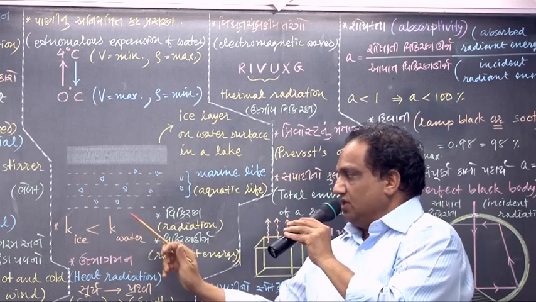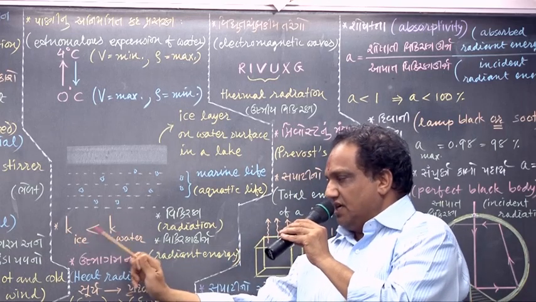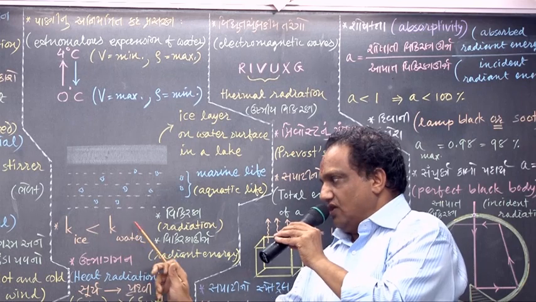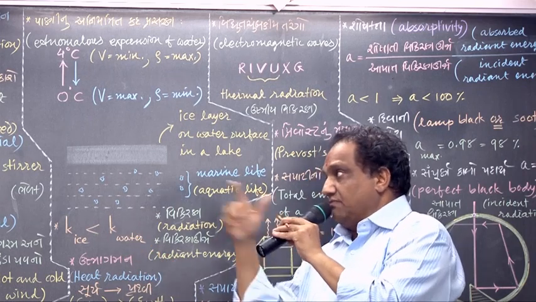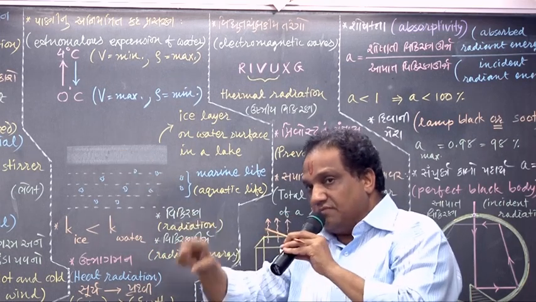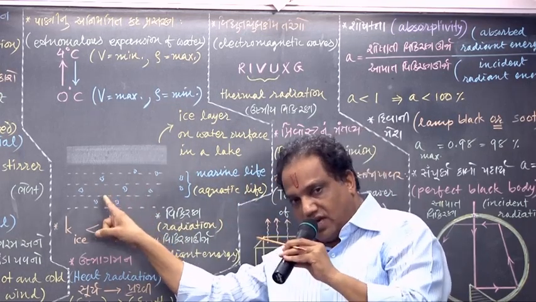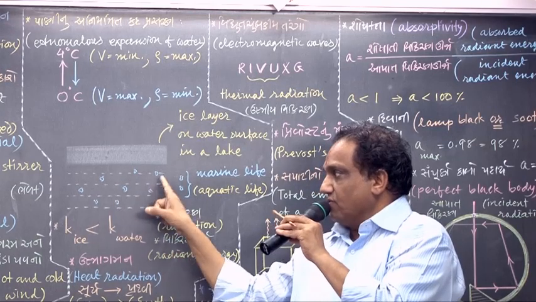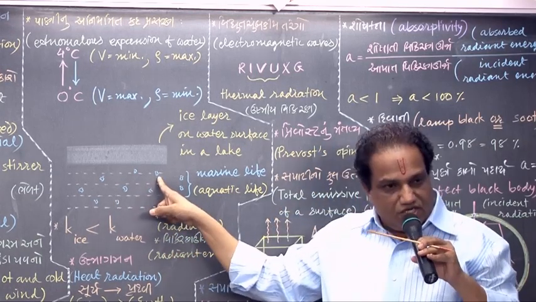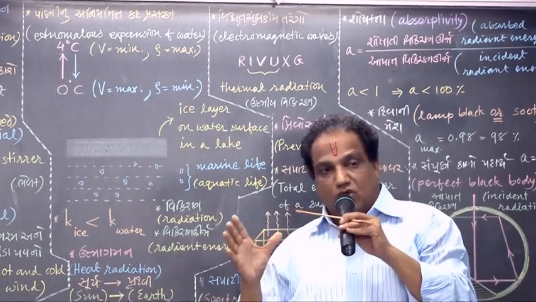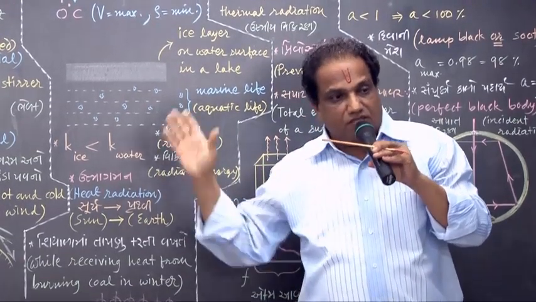And one more thing, thermal conductivity of ice is very small as compared to thermal conductivity of water. So after some thickness of ice layer has been formed, it is very difficult to lose the heat. So this water remains as water only. So these creatures can survive. Got it? So it is because of anomalous expansion of water that these creatures survive.